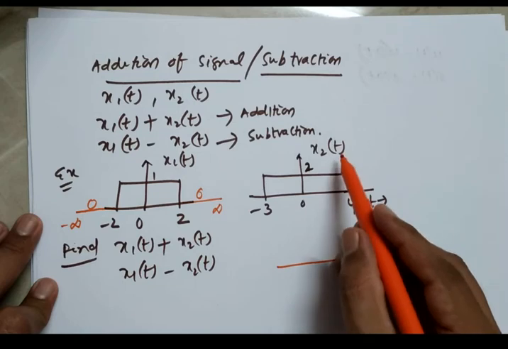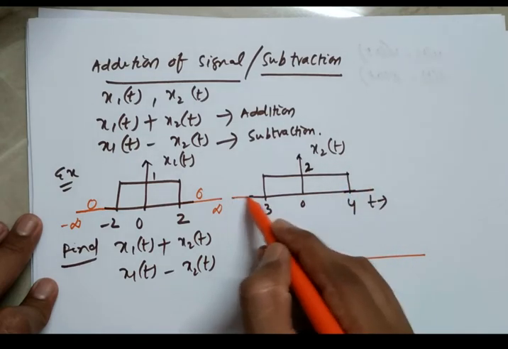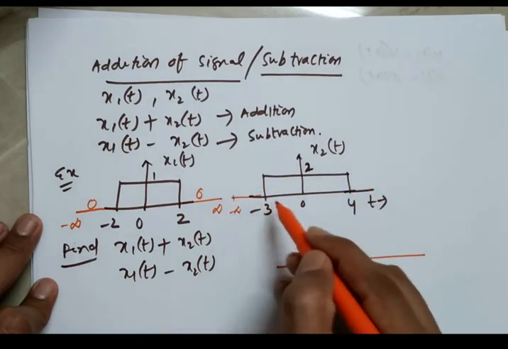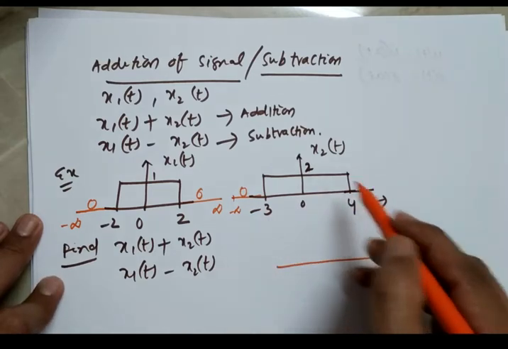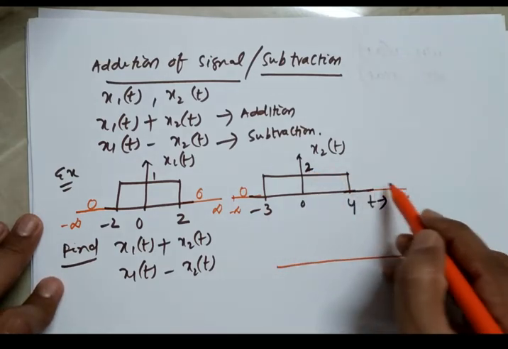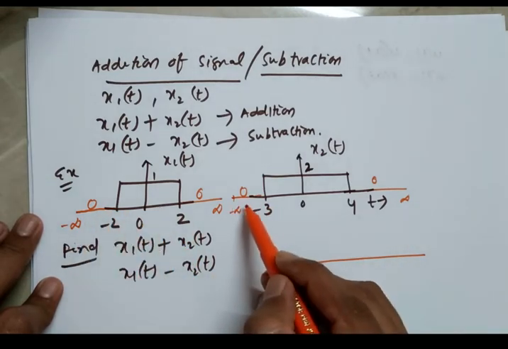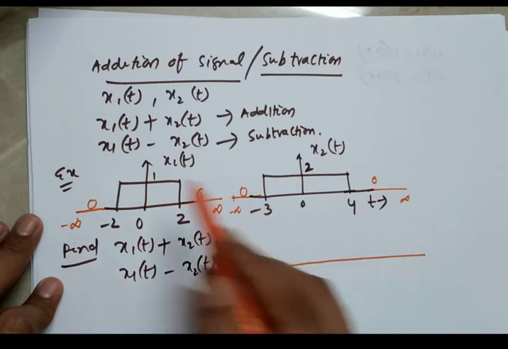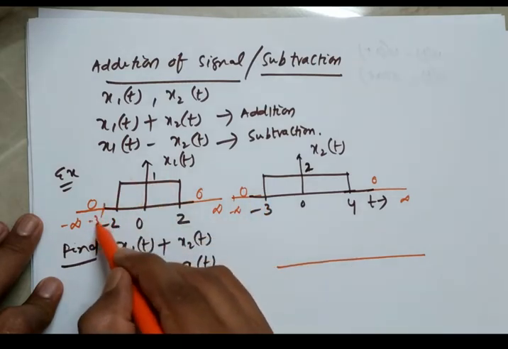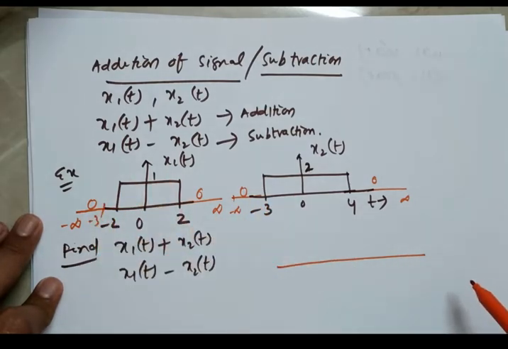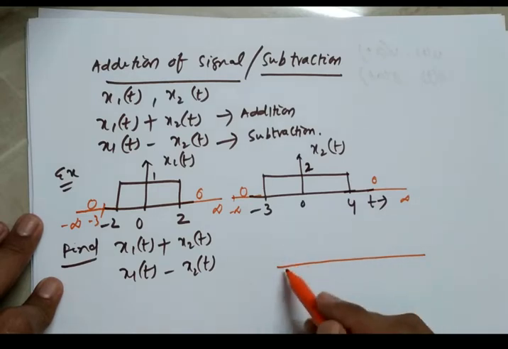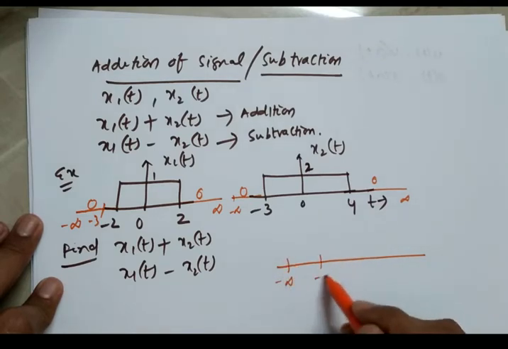And in x2(t), from minus infinity to minus 3 it is 0, from minus 3 to 4 it is 2, and from 4 to infinity it is 0. Now we will go slowly from the left hand side. From minus infinity to minus 3 it is 0 in both, so I can write a common minus infinity to minus 3 it is 0.